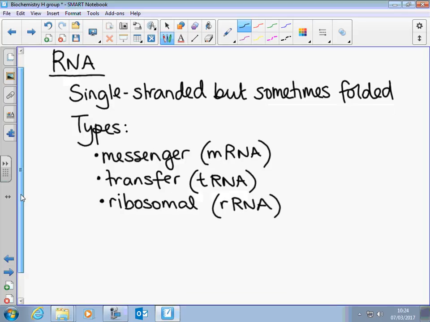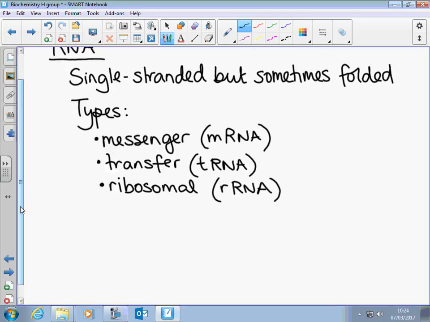Then there are, and I'm going to put others with a question mark, because particularly when we get into the next unit, we're going to come across something I've only just written into that unit. Some of this non-coding DNA that we've got codes for short pieces of RNA that control genes.